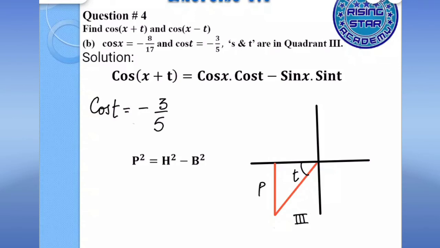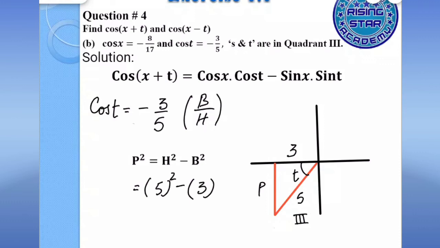So this is our base value, this is our hypotenuse value. So base is 3 and hypotenuse is 5. So I would put in the formula, 5 square minus 3 square, that is 25 minus 9, that would be 16. So value of p would become 4.